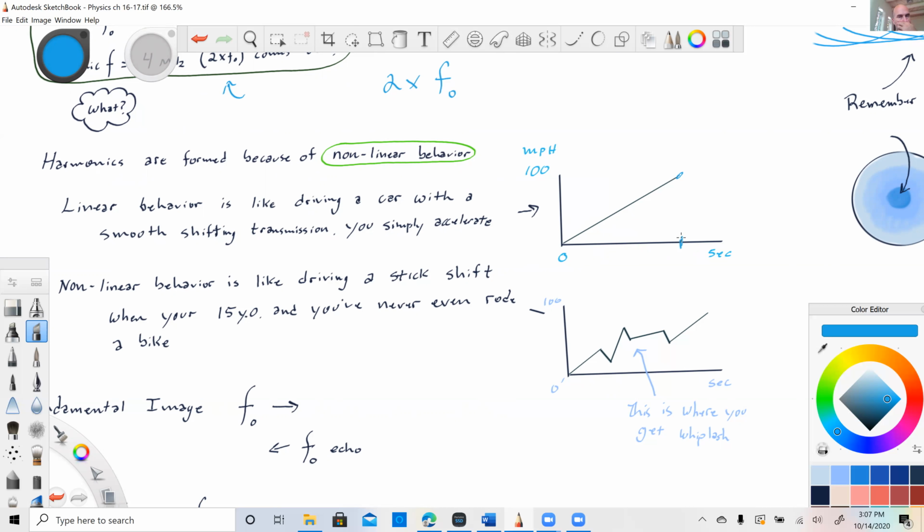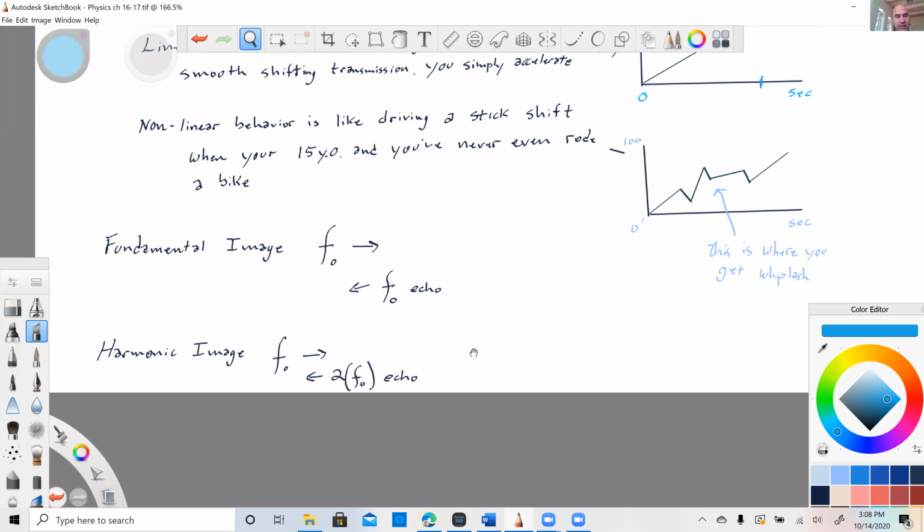You're either going fast or slow, it does not matter. All that matters is that the acceleration was smooth and constant. That's linear behavior. Nonlinear behavior is like driving a stick shift when you're 15 years old and you've never even ridden a bike. You're going back and forth, you get whiplash, and the person in the car with you is gripping the seat because they're scared. That's more like nonlinear behavior, a nonlinear acceleration in this case.